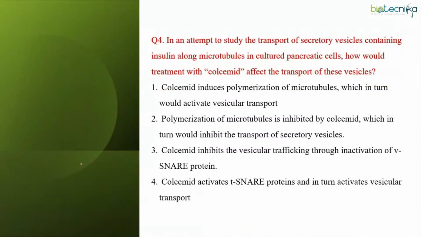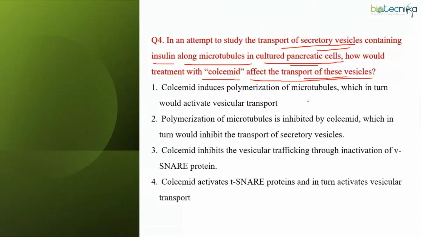Moving on to our next question. In an attempt to study the transport of secretory vesicles containing insulin along microtubules in cultured pancreatic cells, how would the treatment with colchicine affect the transport of these vesicles?